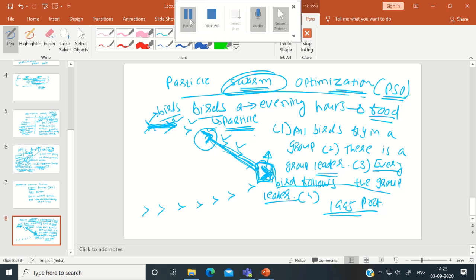So, having known these facts, in the second lecture, we will try to formulate the equations of PSO, and then we will formulate the objective function of the loss minimization, and then we will try to solve the loss minimization problem using the PSO method. Thank you.